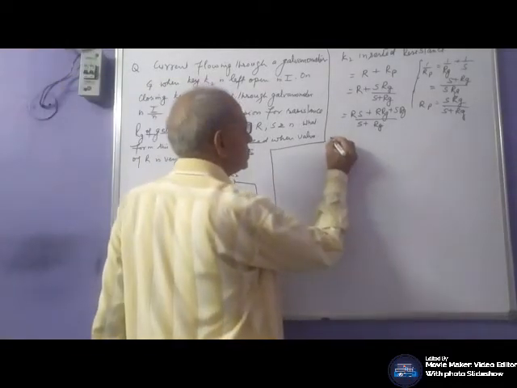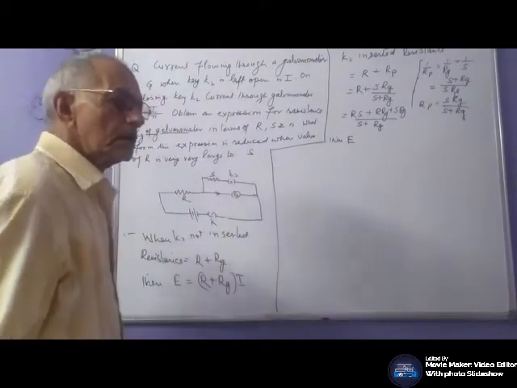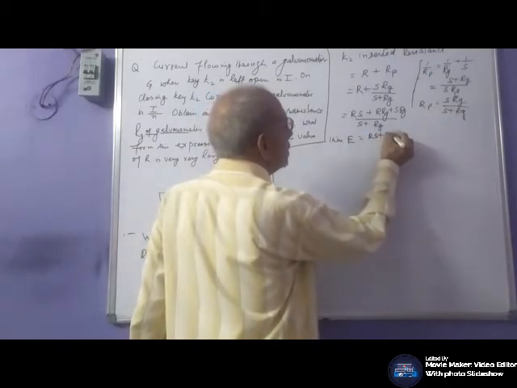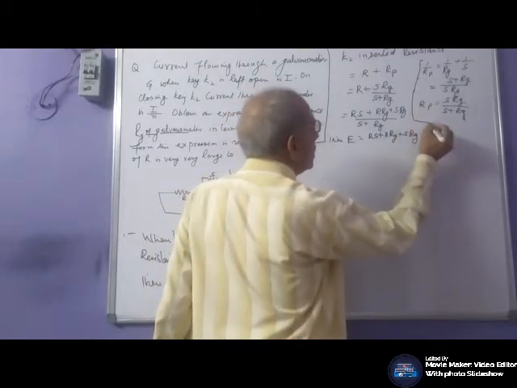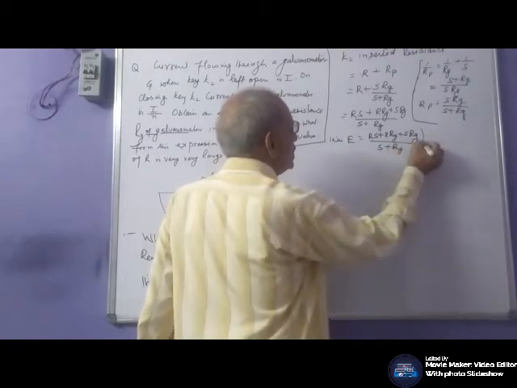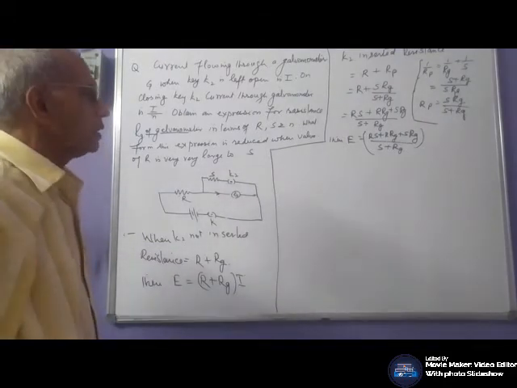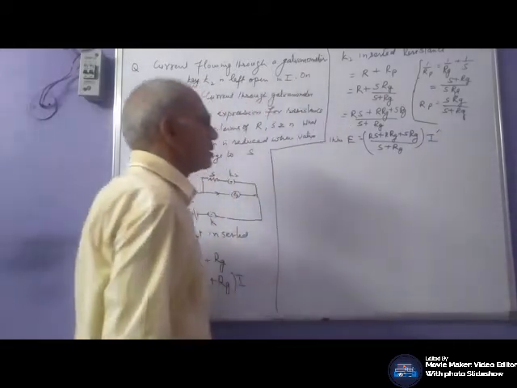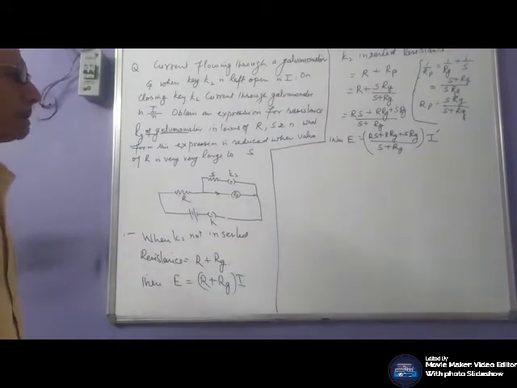Then E equals R I, this is R, this is I. Now as the resistance is different, so the current will be different.